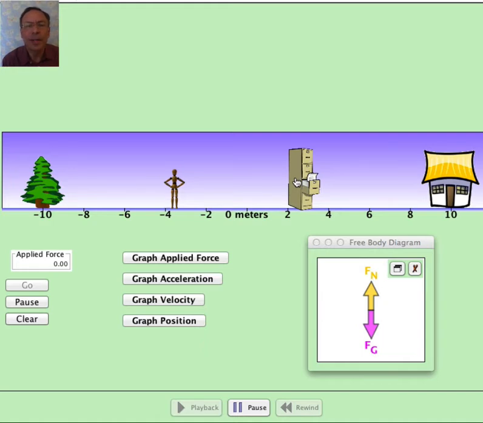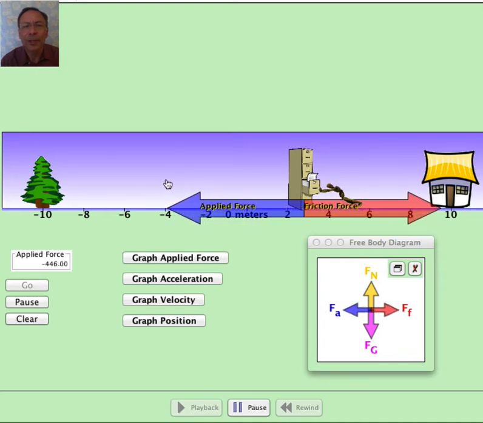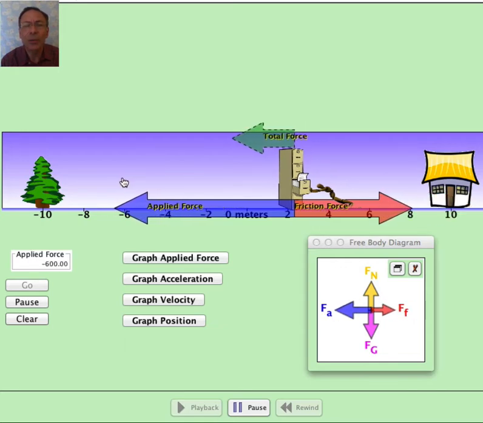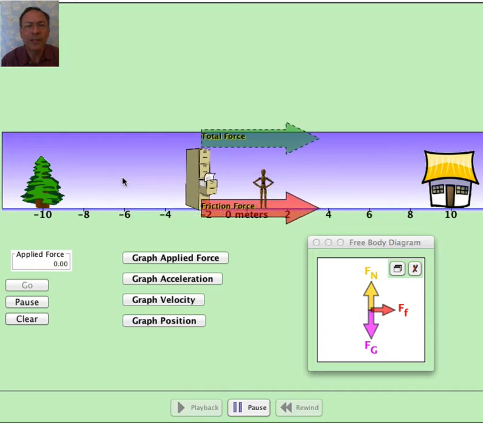Let's see if we can do that again. I'm going to be pulling this time. So I'm now pushing, well, I said pulling, but I'm pushing to the left. Look at the red friction force vector. Pushing, pushing, pushing. This is still static, right? Static, static, static, static. And oh, suddenly the red friction force vector is less.